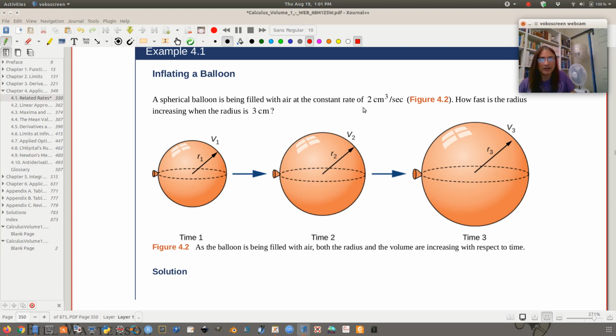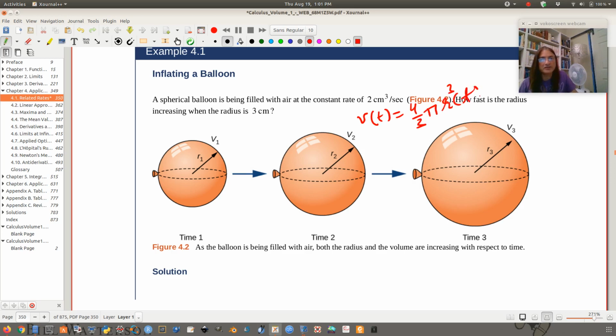Now we know that the volume is a function of r, because it's 4/3 pi r cubed, but r is a function of time. So if we take dV over dt, this will be the chain rule, so we get 4/3 pi, and the derivative of r cubed, so we get 3r squared, first with respect to r, and then with respect to t.